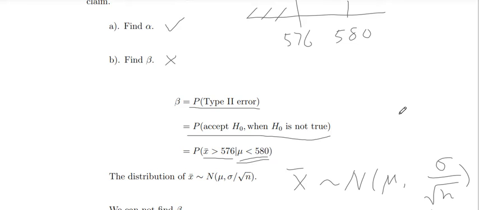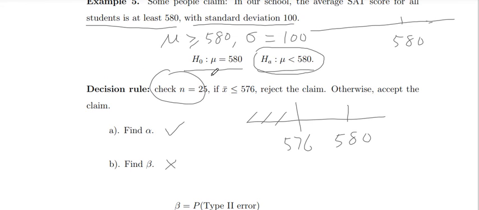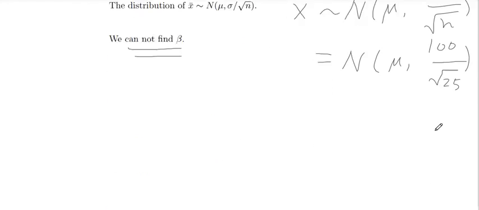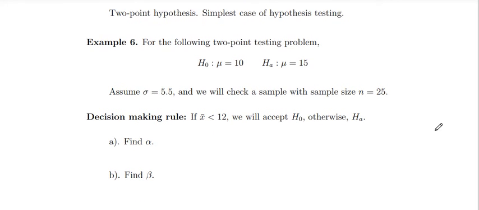The reason is that when H0 is true, we know mu, right? But when HA is true, we don't know mu. So if we want to find alpha and beta, when each hypothesis is true, we need to know the exact mu. Only in this case can we find alpha and beta.